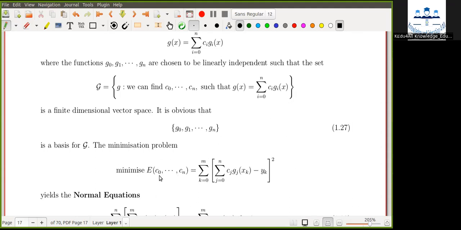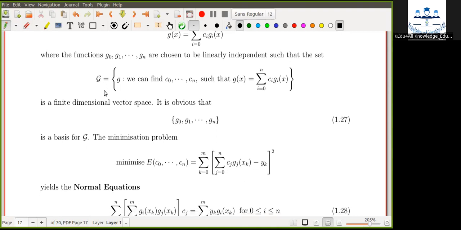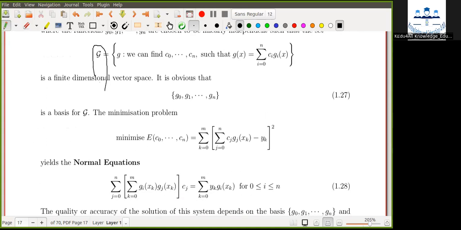So this is a generalized least square. As long as we know the elements of the basis of calligraphic G, then we can perform this minimization, and the normal equation will be given by this expression in equation 1.28.